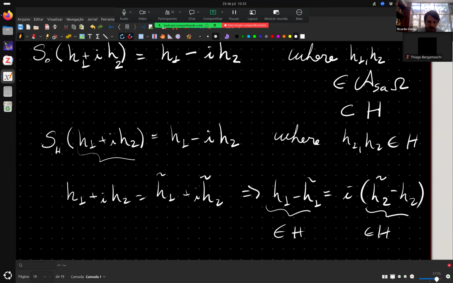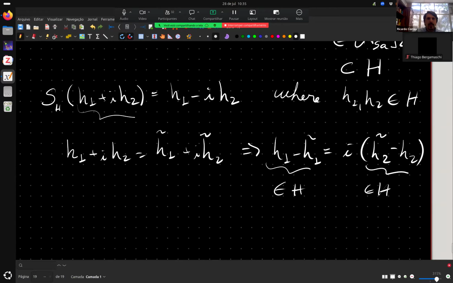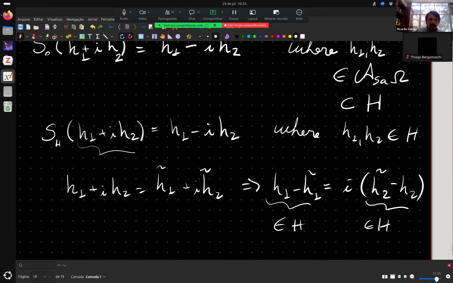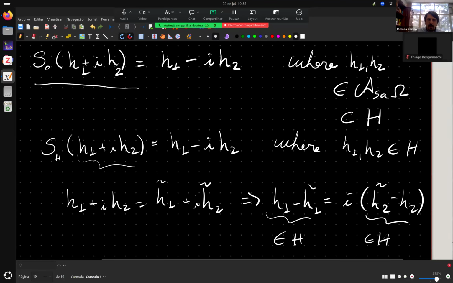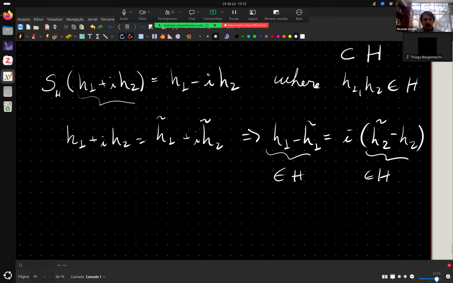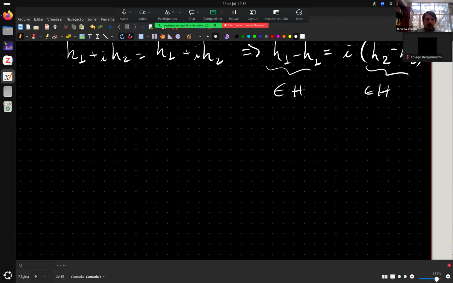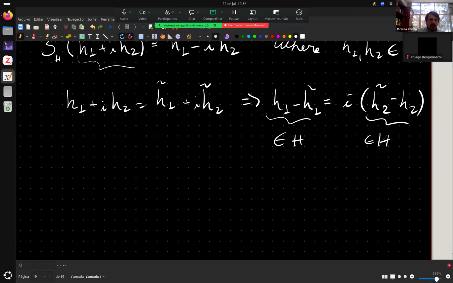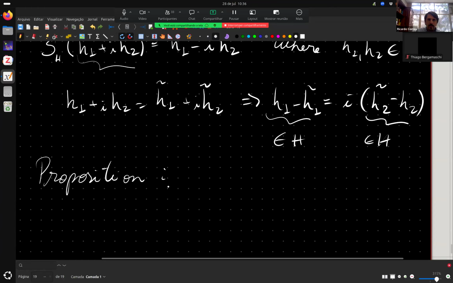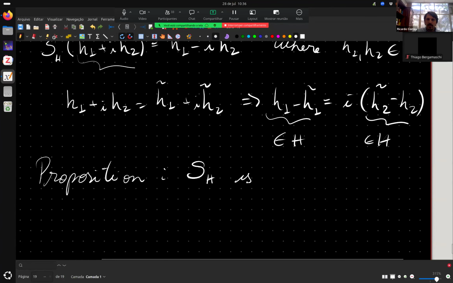So the operator is well defined. Question: is this operator closed, or if it's not closed, is it closable? And that's what I'm trying to convince you of now. So, proposition: S_H is closed.